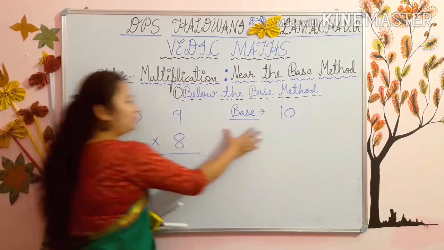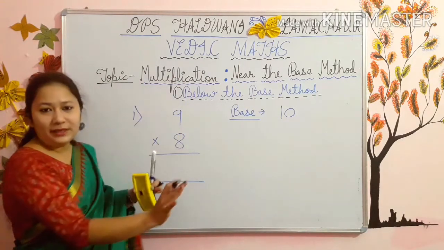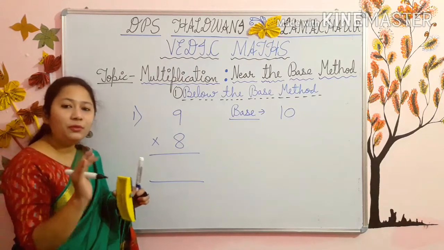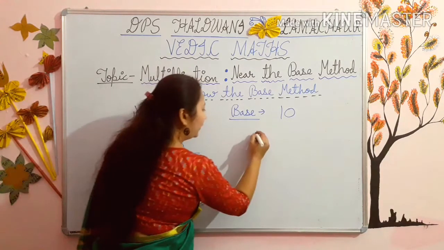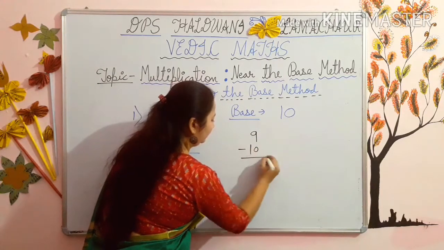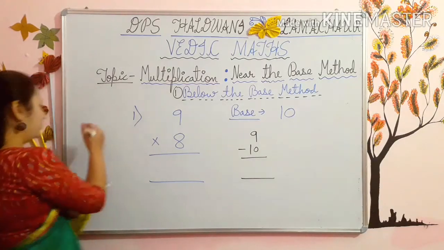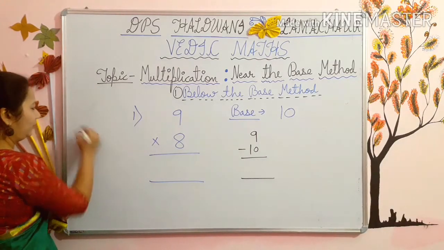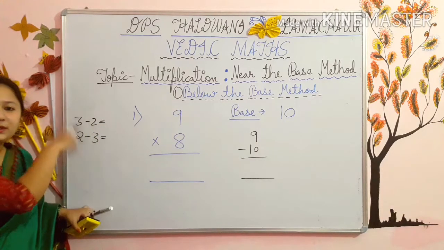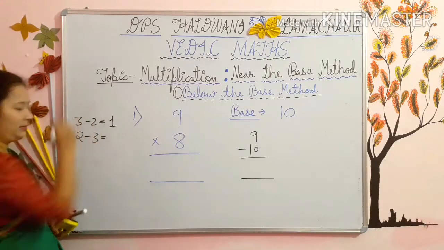Now what you have to do, see, first of all you have taken out the base. How you take it out, I have told you. Now the second step is you have to subtract. First of all write your number and then write the base. Yes students, see, 2 minus 3 and 3 minus 2, there is a great difference between these both. If you do 3 minus 2, it will be 1.